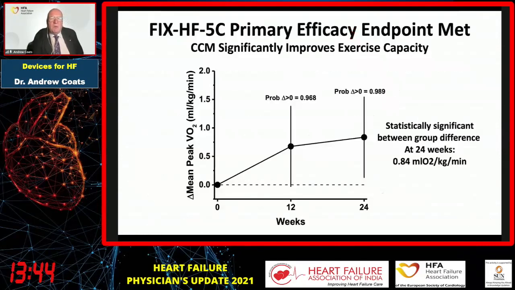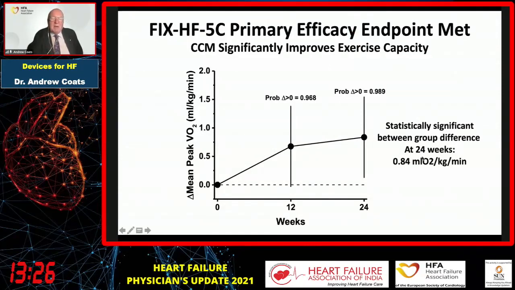What was found was a significant benefit. This was a Bayesian analysis, so there's only a single arm shown here, but it is statistically still as powerful as a randomized control trial. And that showed an increase of 0.84 of peak VO2 at 24 weeks.